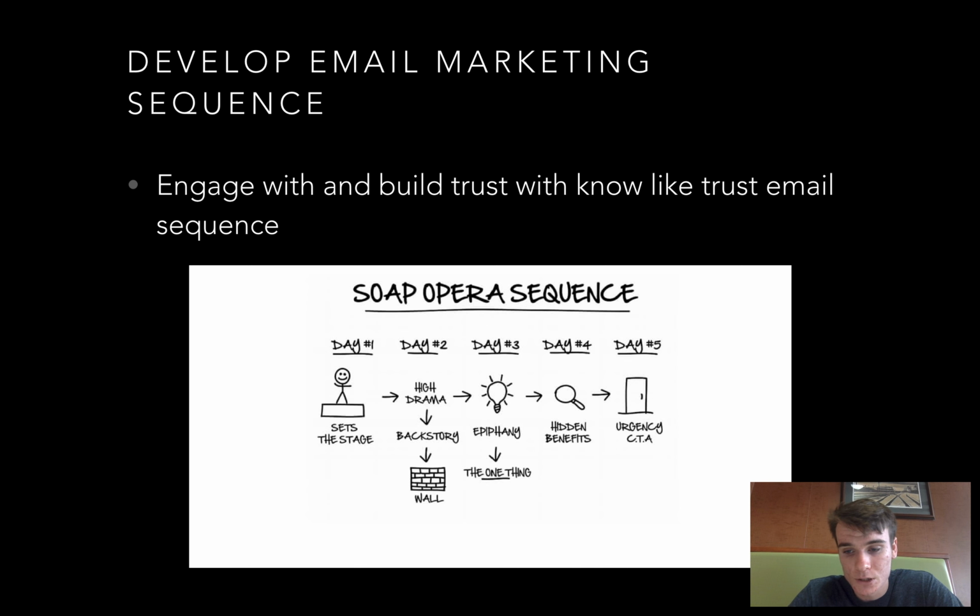So we create an email sequence where we tell a story with a conflict and a resolution. We tell them about some of the struggles, about what we're going through, how we're just like you. We were just in the same position as you, starting a new business or struggling getting our company off the ground, whatever it may be.